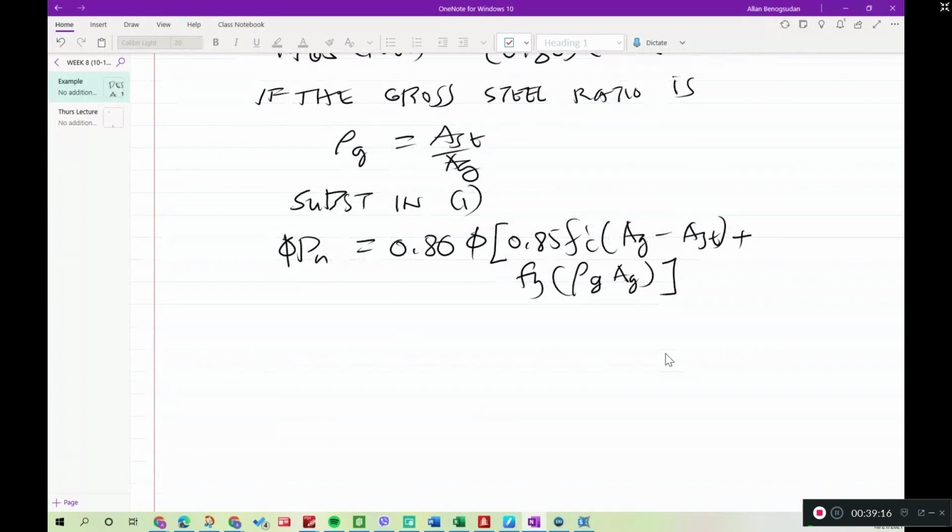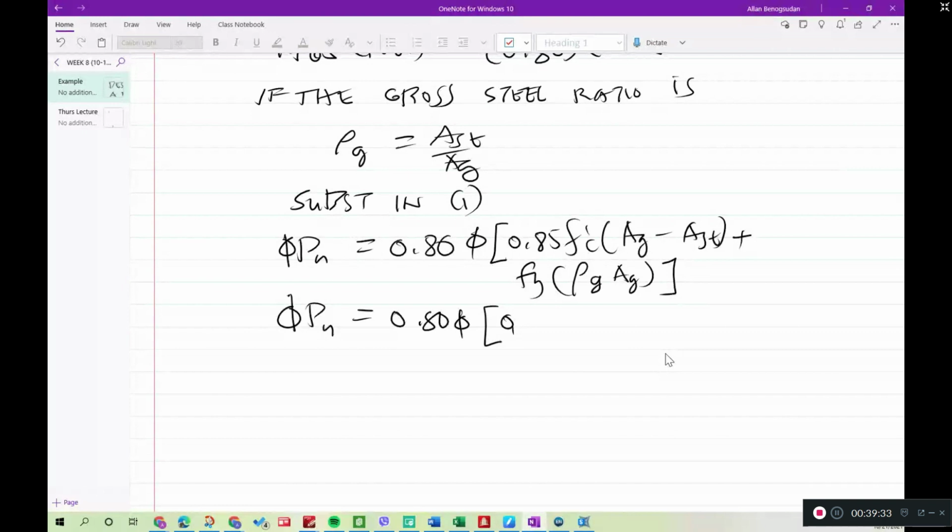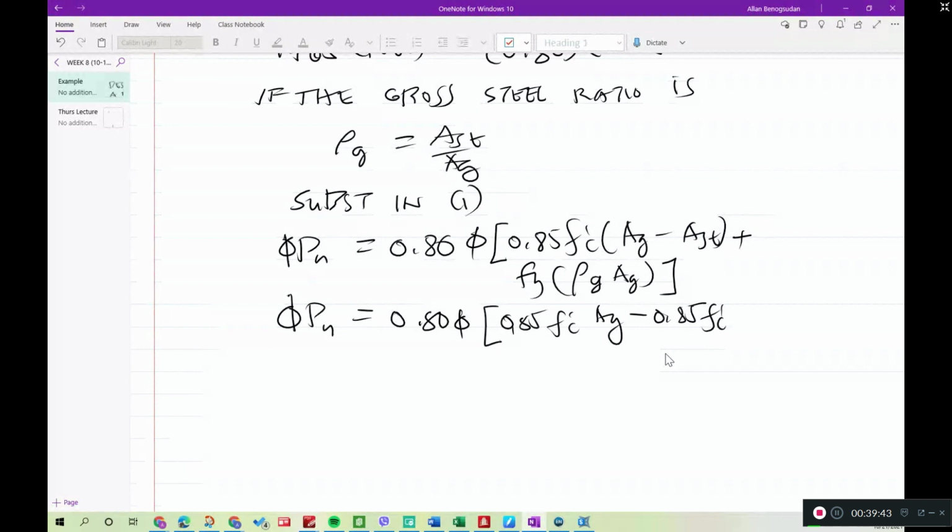I just derived the equation. Then phi Pn is equal to 0.80 times phi times [0.85 f'c Ag minus 0.85 f'c rho g Ag plus fy rho g Ag].